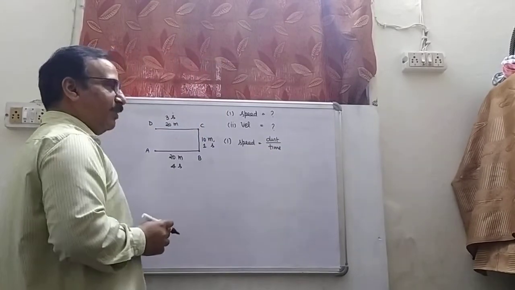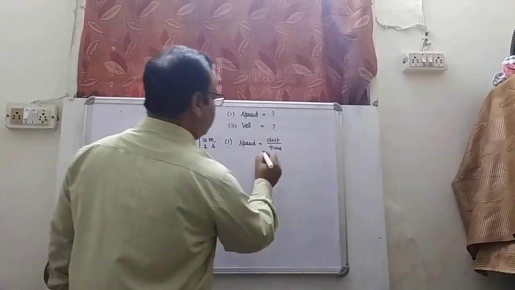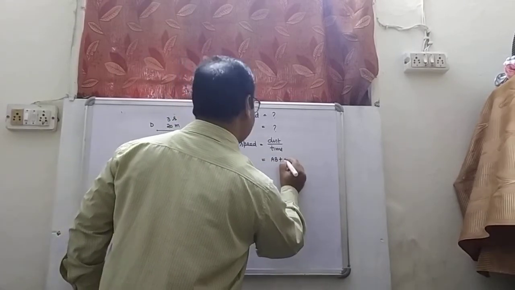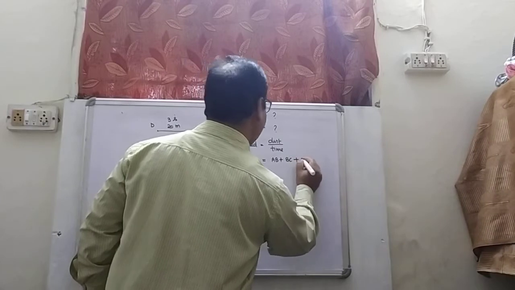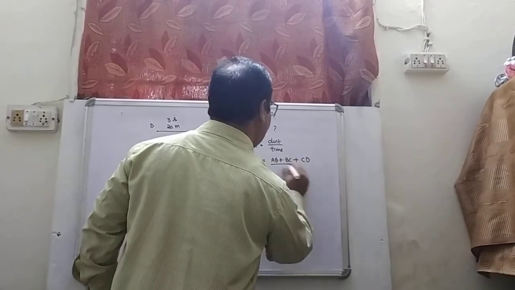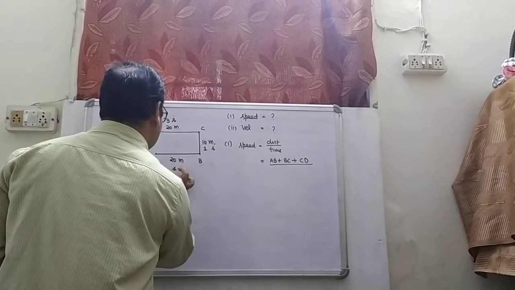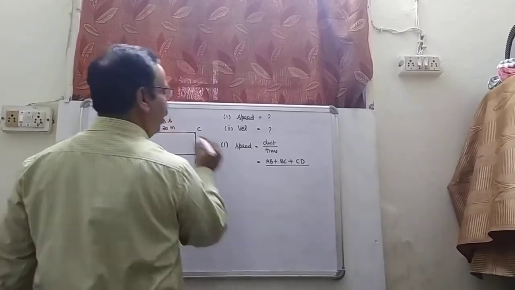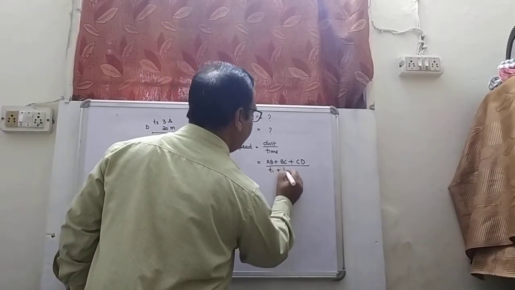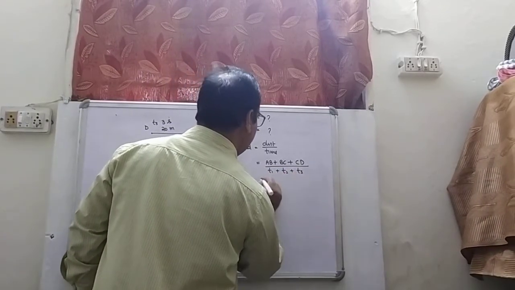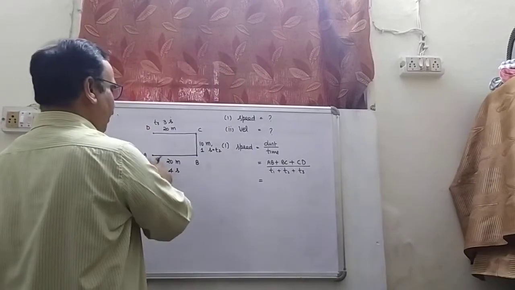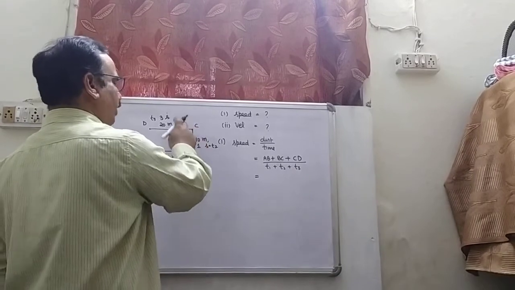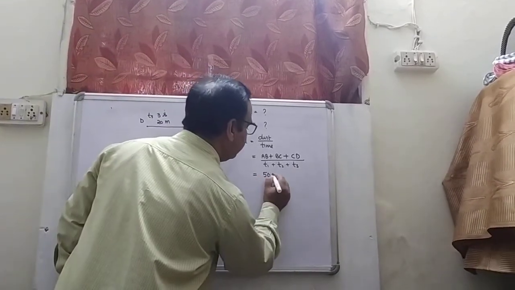Now, what is the distance covered by the object here? The distance covered by the object here is AB plus BC plus CD, divided by the total time. Suppose that time is T1, that time is T2, and that time is T3. So it will be T1 plus T2 plus T3. When we add them, AB is 20 plus 10 plus 20, it becomes 50 meters.